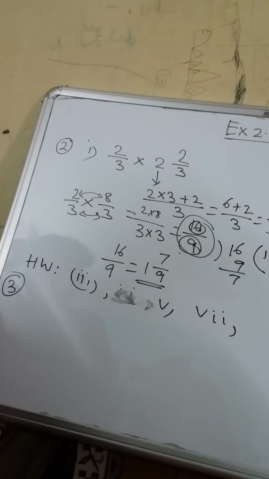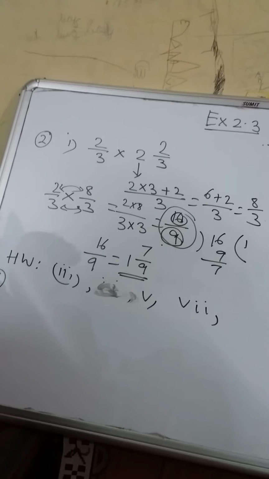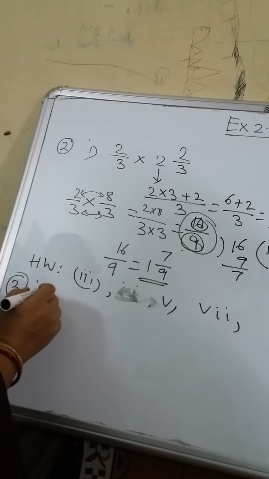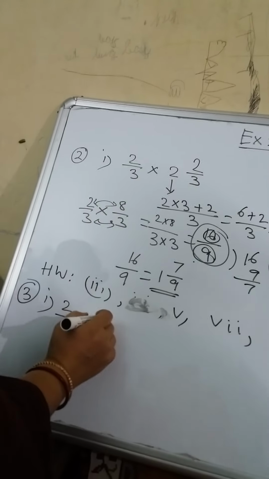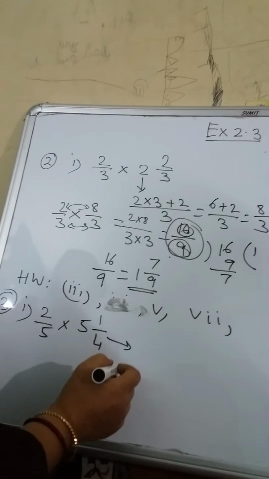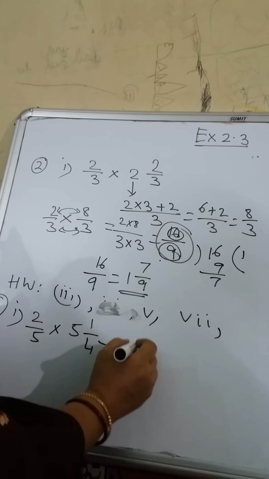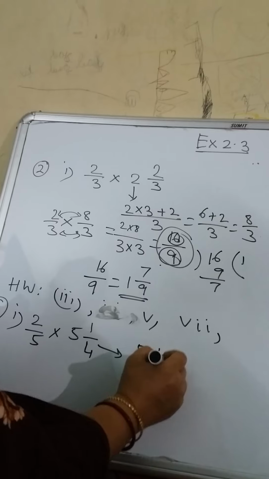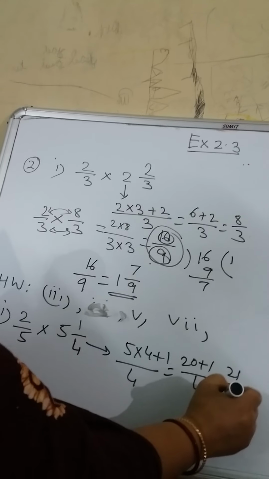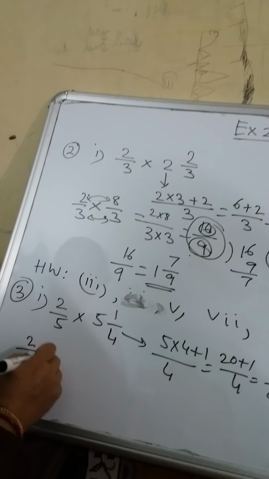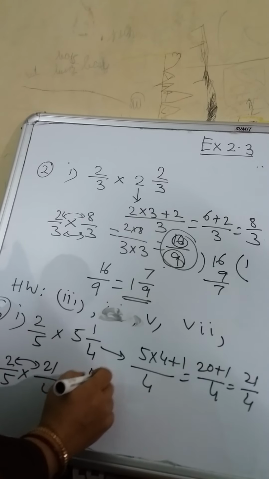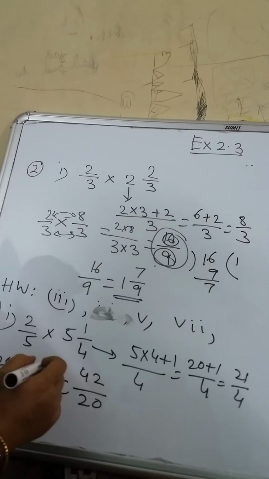Next, question number 3. Multiply the following fractions. Same way, 2/5 into 5 whole 1/4. First you have to convert it into an improper fraction. So 5 into 4 plus 1, it is 20 plus 1 by 4, it is 21/4. So 2/5 into 21/4 will be 42/20.